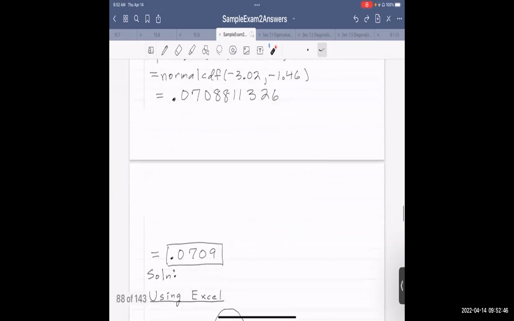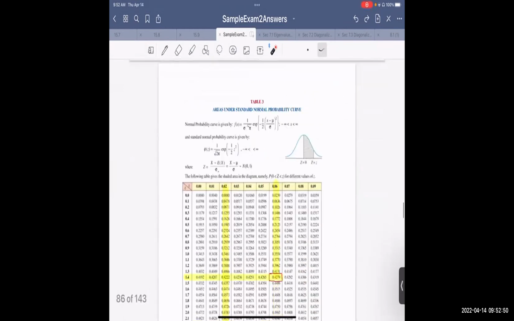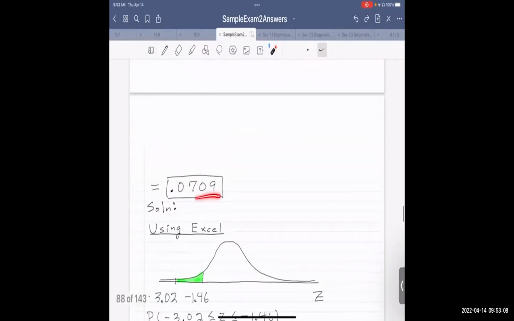Let me round this to four decimal places, to the nearest ten thousandth. The 8 is greater than or equal to 5, so this 8 here becomes 9. And so I get 0.0709.